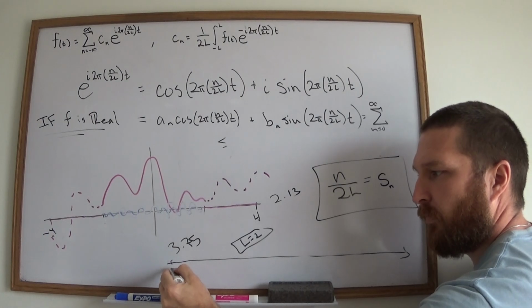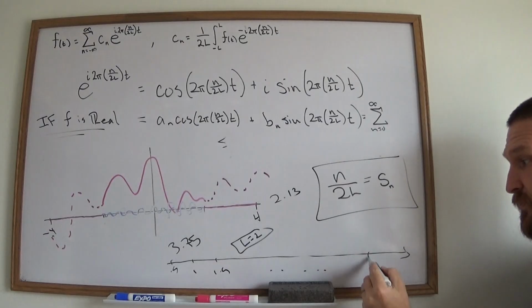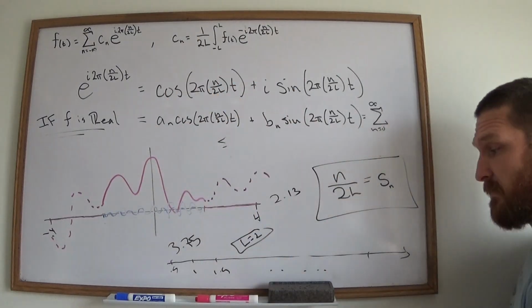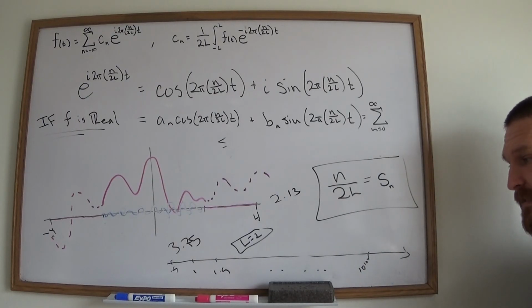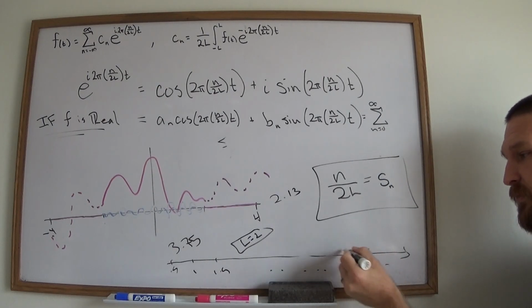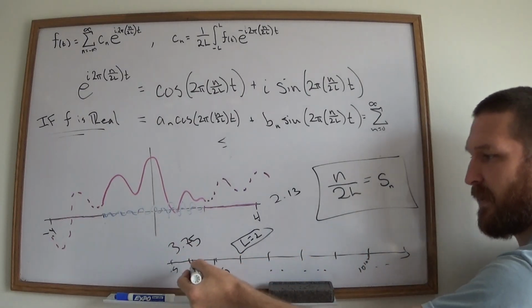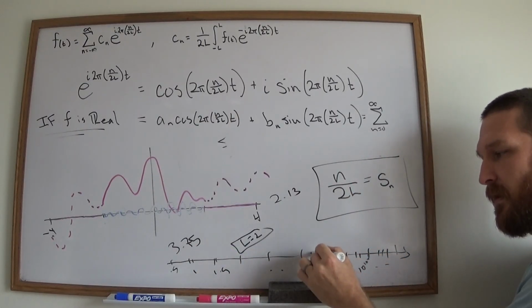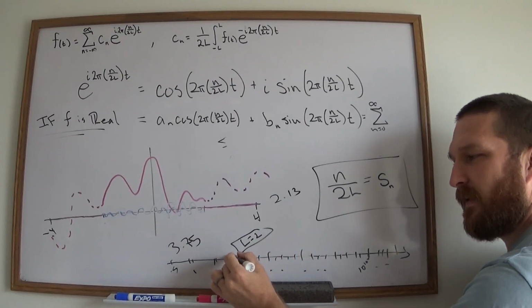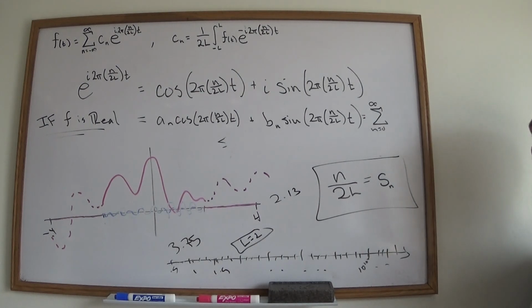We got 0.5, we got 1, we got 1.5. It went on and on and on, and n goes up to infinity. So it goes forever. You have 100 billion, trillion, 10 to the 10 to the 10 to the 10, and so on and so forth, but you only got the whole numbers and the halves, right? The 0.5, the 1.5, etc. Make L bigger and you get even more. And as L goes to infinity, you could get every single possible frequency that you want when L gets arbitrarily large.